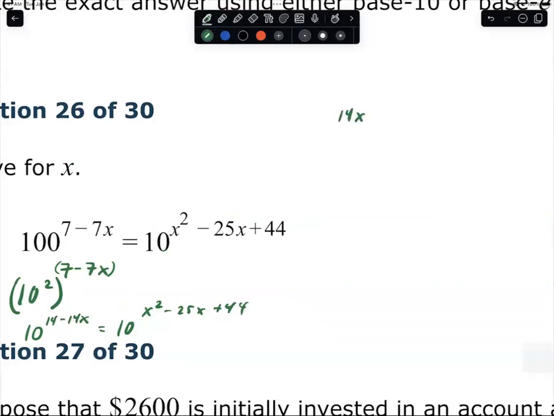So 14 minus 14x equals x squared minus 25x plus 44. And now this is no longer an exponential equation. This just became a quadratic equation. So we're back in the comfort of our algebra class.